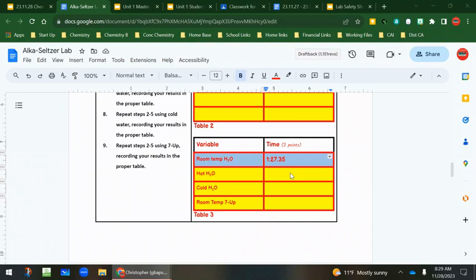And the nice part about numbers, ladies and gentlemen, is numbers make it very easy to compare something. So, for example, which one was the fastest? Which one was the slowest? Why? Because we have numbers here. So it's not about, okay, I think this one bubbled more than the others, or I think this one reacted more slowly. We can actually prove that by looking at our times, okay?